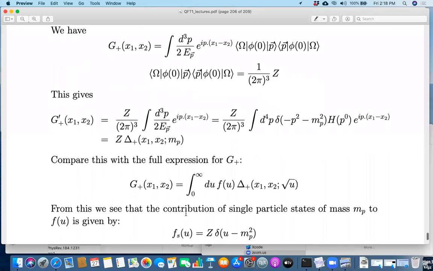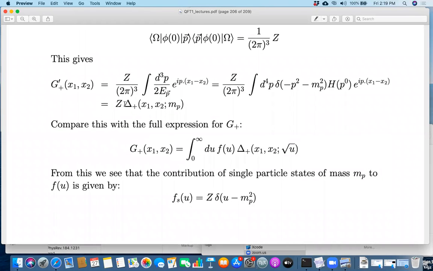Now let me remind you what our goal was. Our goal was to see what the single particle contribution is to f(u), because we had parameterized G_+ by this. So let's compare the expression that we have gotten here with the general expression that we had found, which takes into account all contributions, single particle as well as multi-particle. Here you have an integral du f(u) Delta_+(x1, x2; √u). Here you see that G_+ is given by Z times Delta_+(x1, x2; m_p).